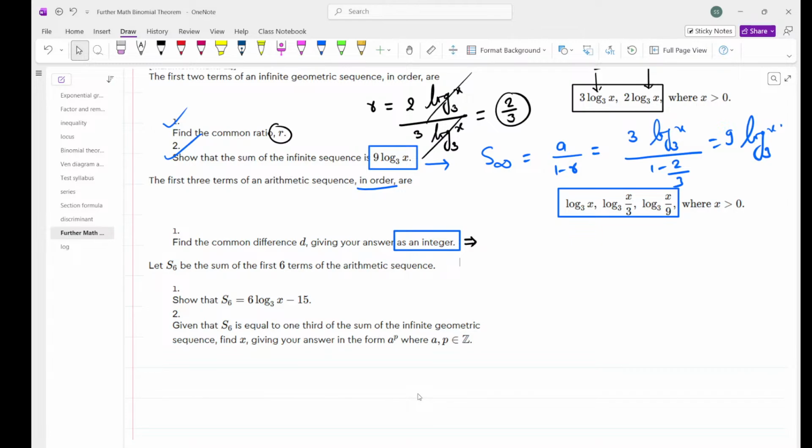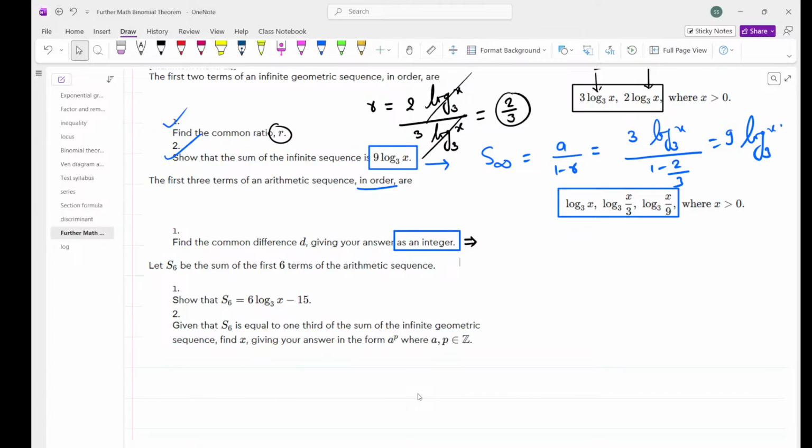So you can subtract, right? So log 3x to the power 9 minus log 3x squared, so x to the power 7. Log 3x to the power 7 is equal to minus 5.